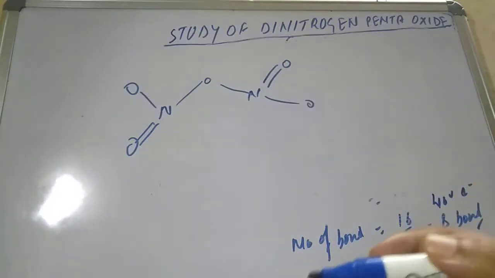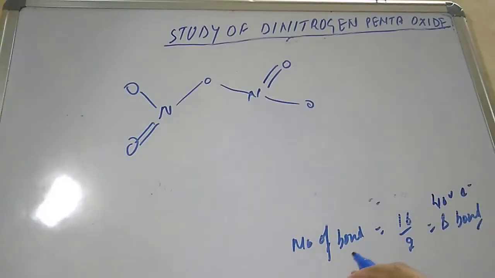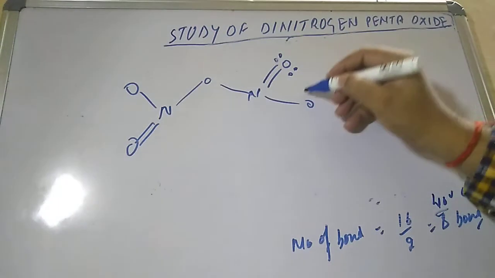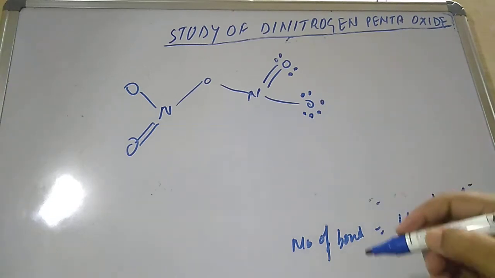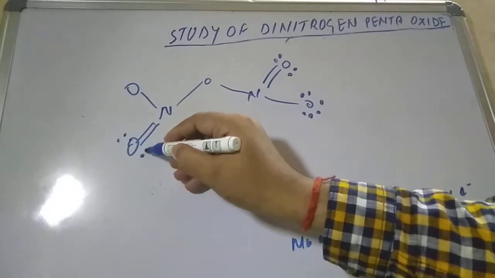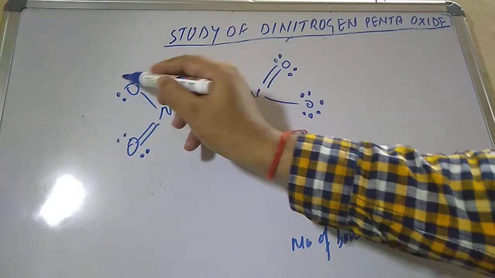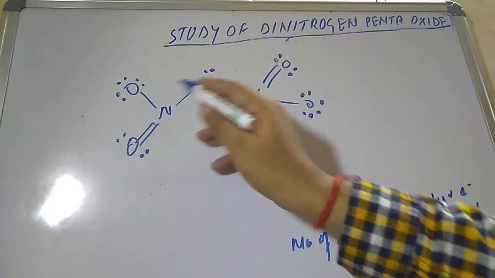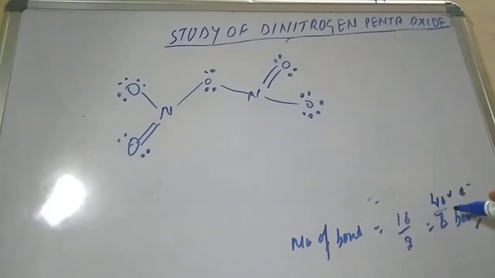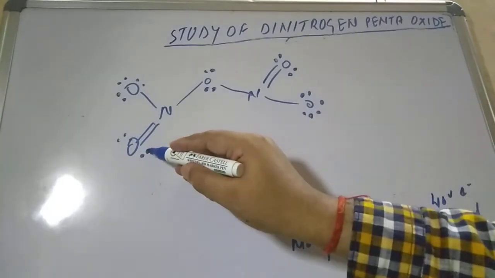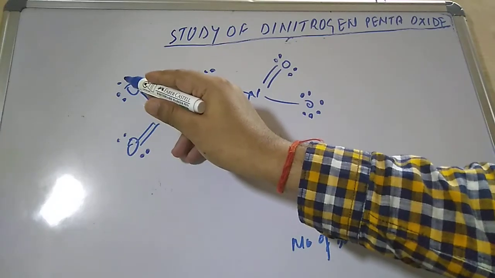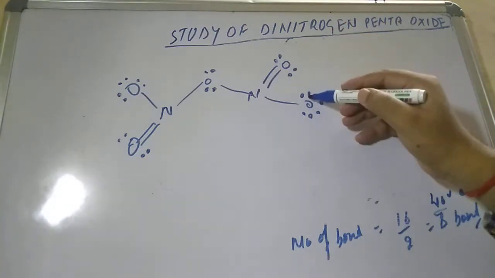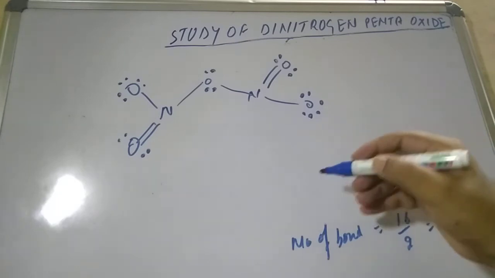Now we have to keep the remaining 40 electrons in the form of lone pairs. Here are 2 lone pairs, here for the single bond 6 lone pair electrons are required, here 2 lone pairs, here 6 lone pairs, and here also 2 lone pairs. The valency is completed. Now count: 16 bond pair electrons, then up to 40. So this is balanced.